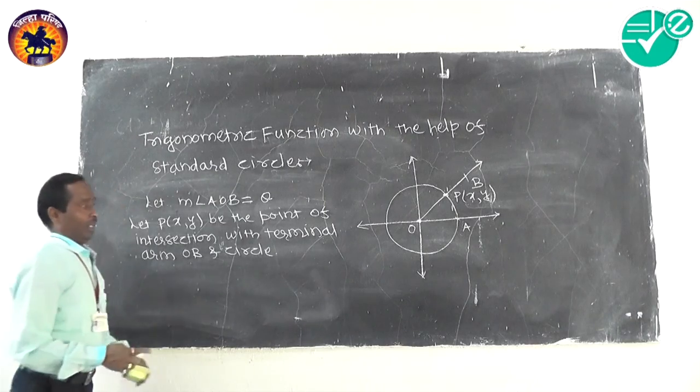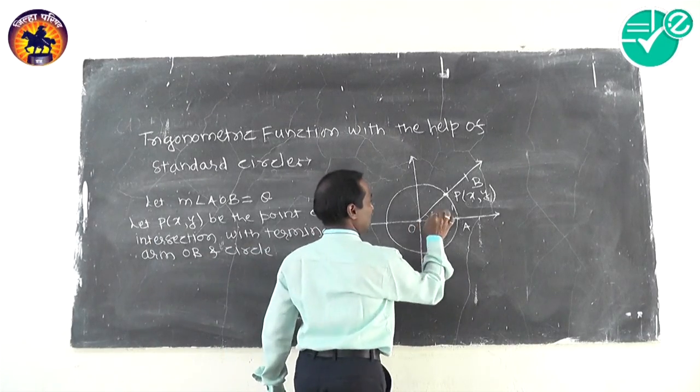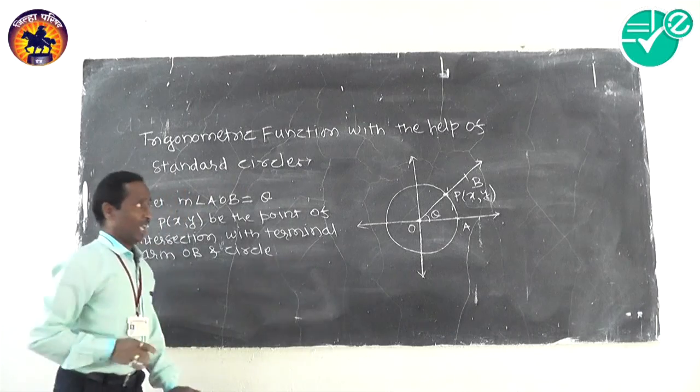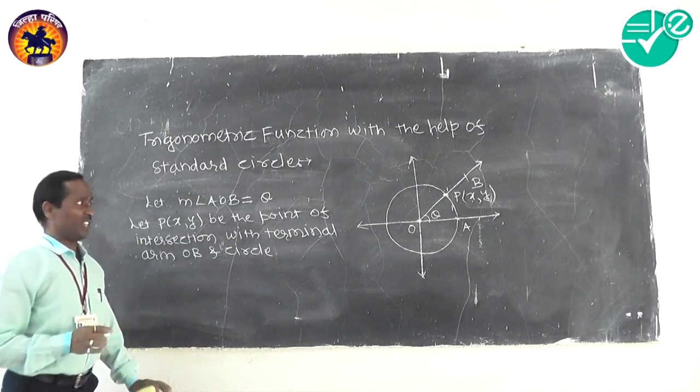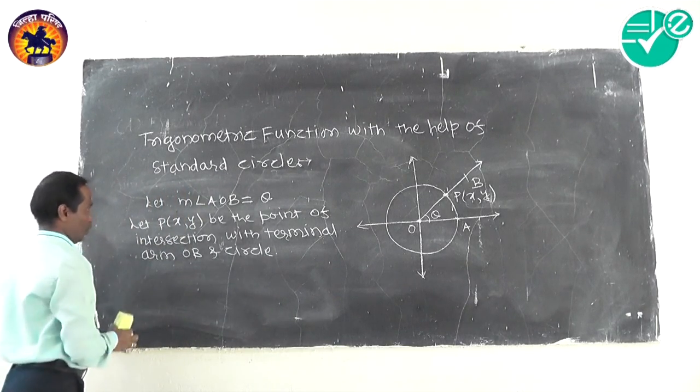Now the measure of angle AOB is theta. Then the trigonometric functions are defined as follows.